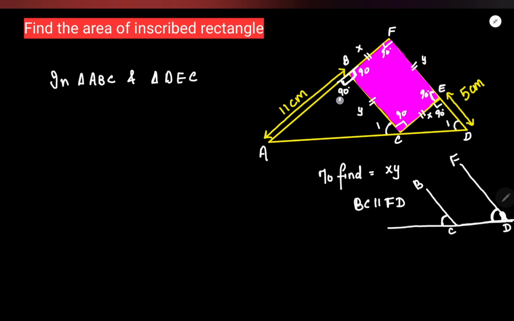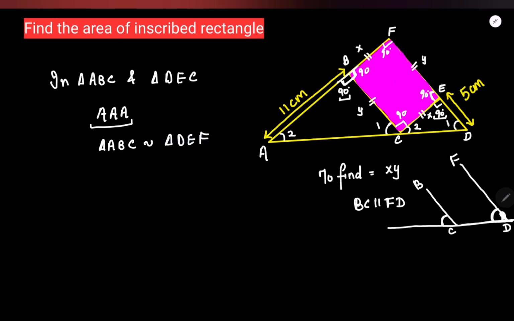One angle is 90 here, angle is 90. One angle is the same, angle 1 is equal to angle 1. And you know what? In two triangles, when two angles are equal, then the third angle is also equal by the angle sum property. So according to the angle property, these two triangles are similar. Triangle ABC is similar to triangle DEC.